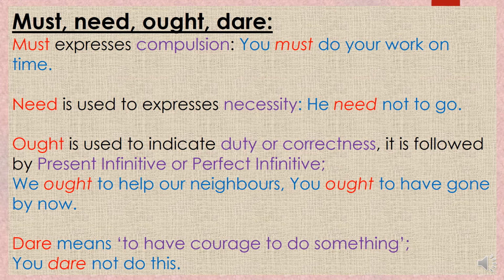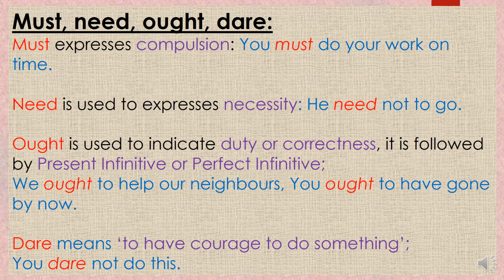And here it is written that it is followed by present infinitive. You must know that to play, to sing, all these are infinitive verbs. So ought is followed by to.